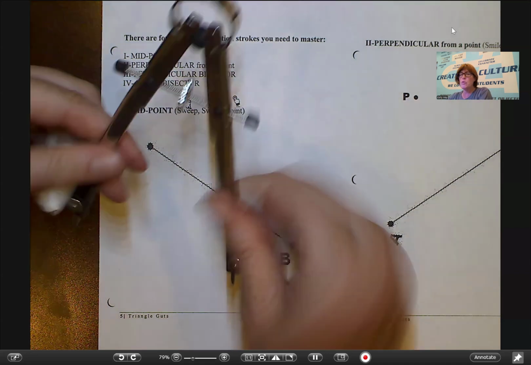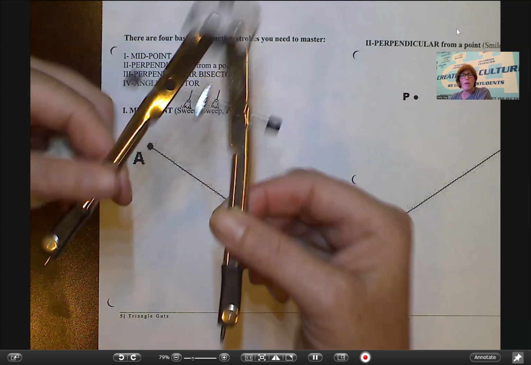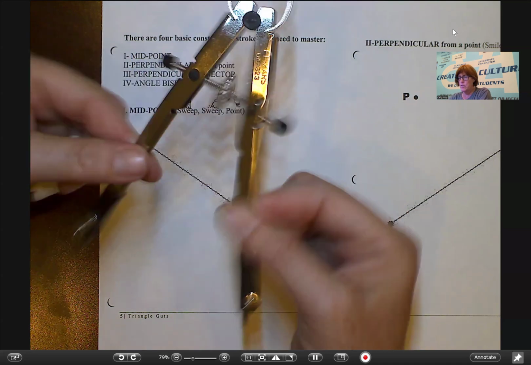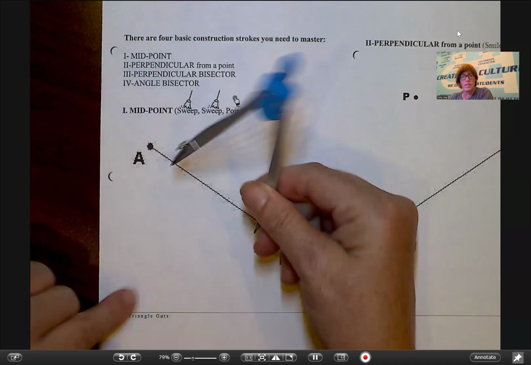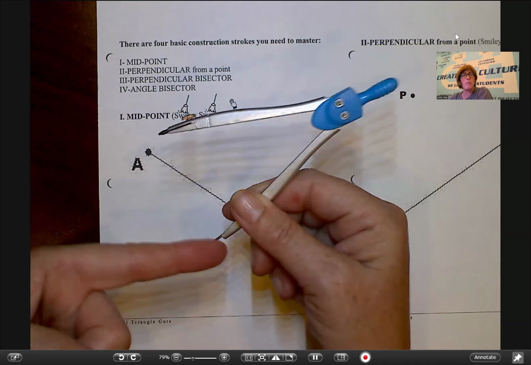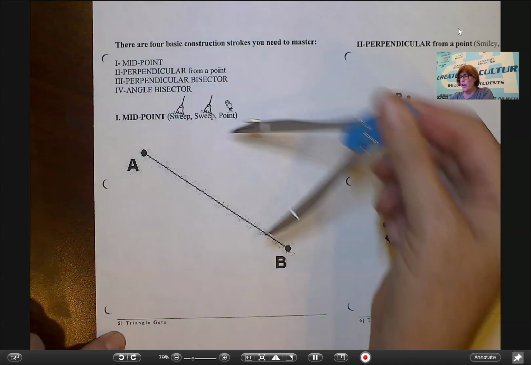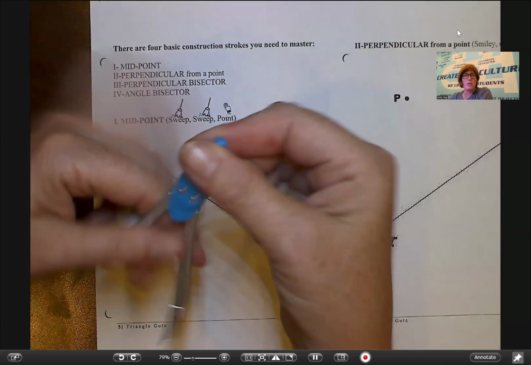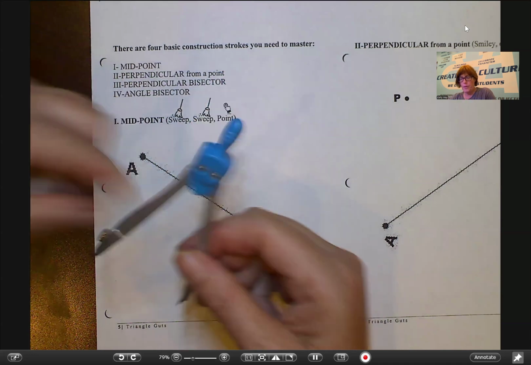Very important: when you use a compass, you never hold it straight up and down, and you never hold it with both hands. You tilt and twirl from the pivot point, or tilt and twirl and drag from the top holder. Never grab with 2 hands.